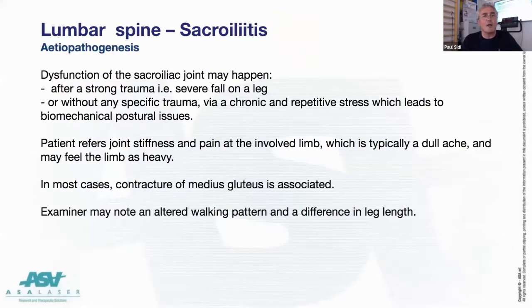Sacroiliitis, it talks about here. Look, you've got some clinicians who will say this is the condition causing pain. I'm not a big believer in sacroiliitis as a single condition. It just doesn't happen. It's always the result of something else.